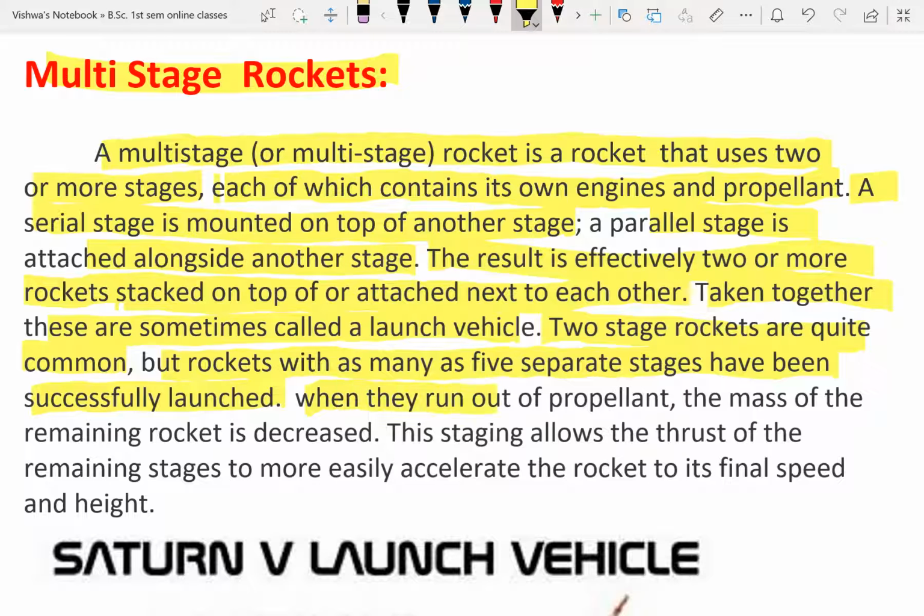When they run out of propellant, the mass of the remaining rocket decreases. Assume that the first engine starts working. When the fuel or propellant in that engine is complete, it will remove itself. Because of this, the total mass of the rocket decreases.